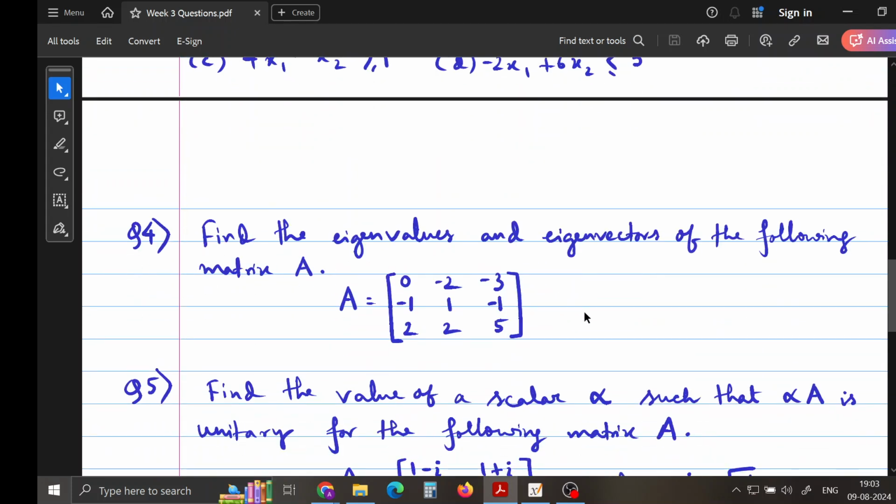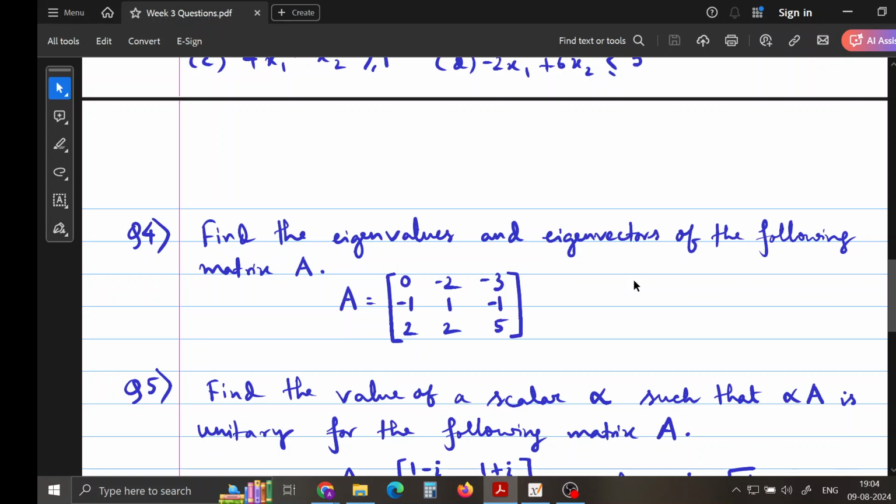Now let's move to the fourth one. Find the eigenvalues and eigenvectors of the following matrix A. So, what are the eigenvalues? What do you mean by eigenvalues? Feel free to participate.